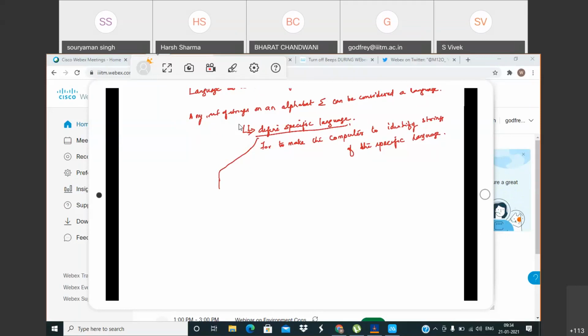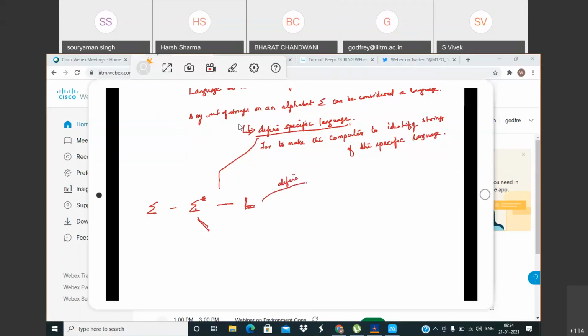I told you we started with the alphabet, then we came to language. Any subset of this set of strings can be a language, right? This is the set of all strings. Now I should be able to define languages.